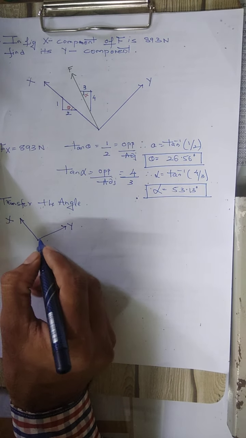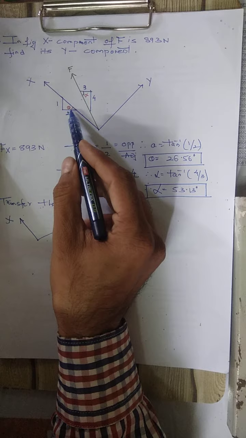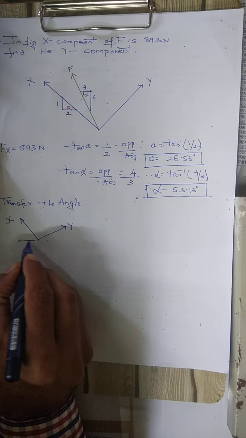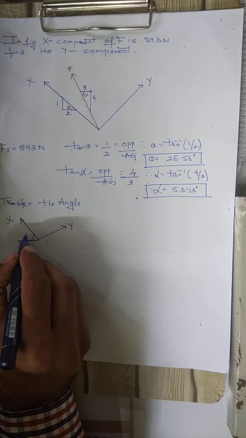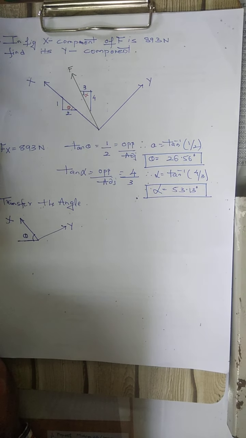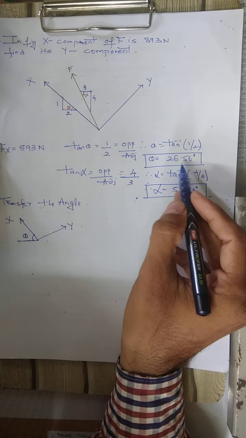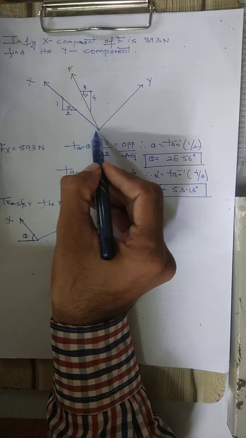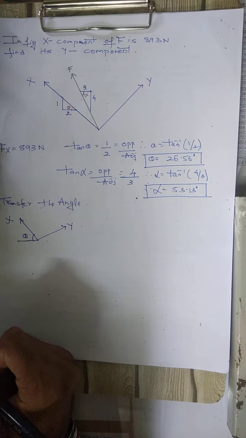This angle is made with the horizontal, so here it will be theta. The theta value is 26.56, which we have calculated. So in this way it has been transferred here, theta.